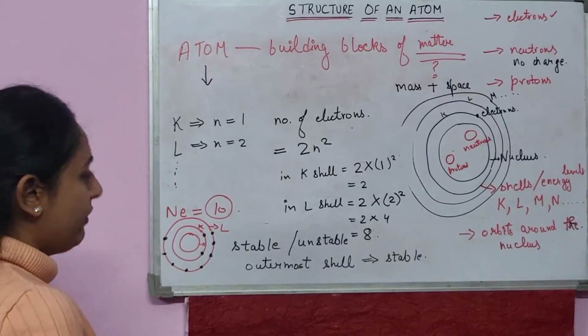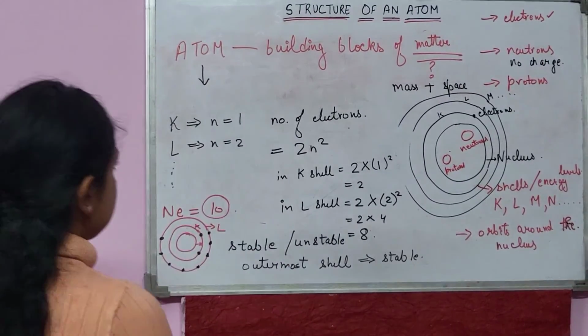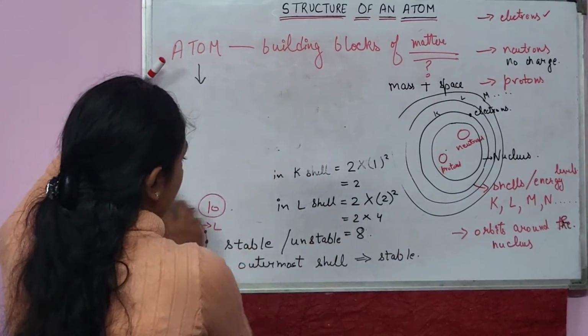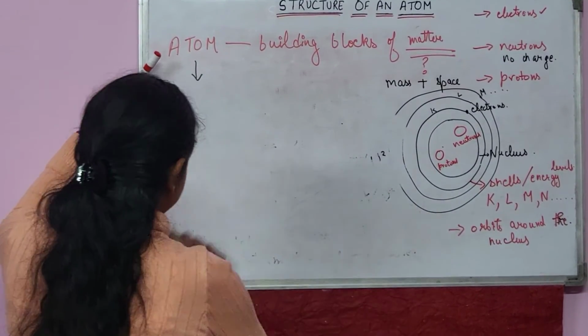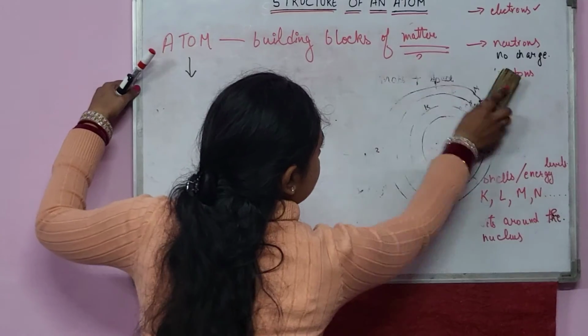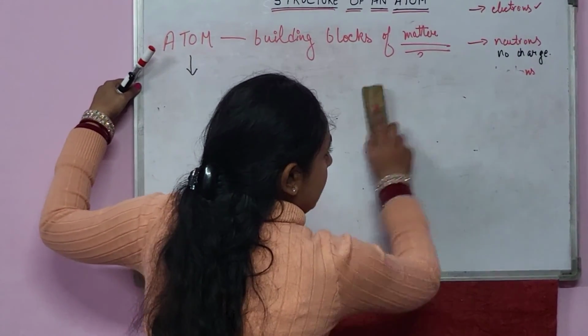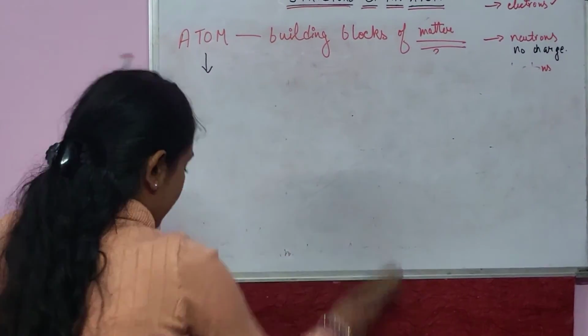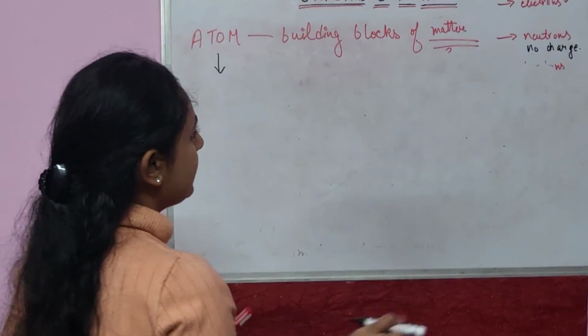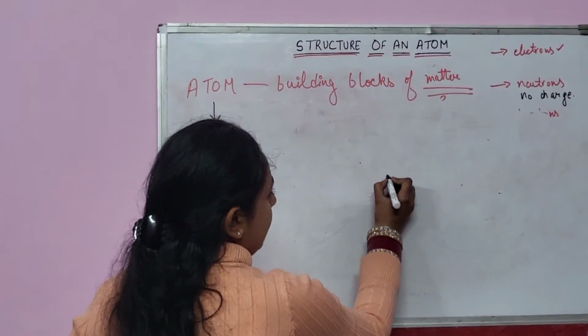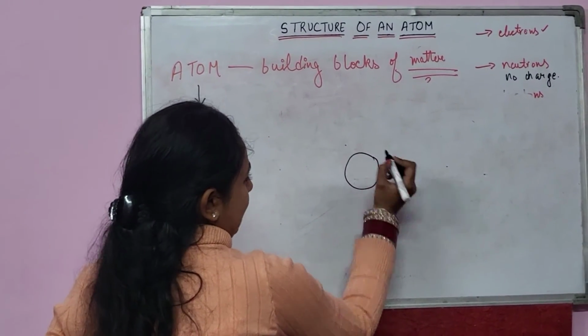Now we will revise the concept in the end, the structure of an atom. You must be clear about the concept. What we have discussed: atoms are the building blocks of matter.